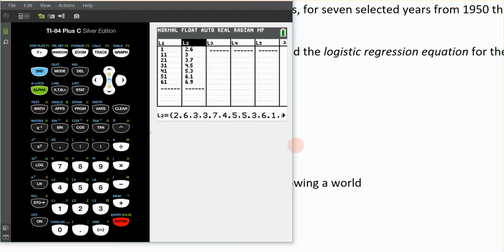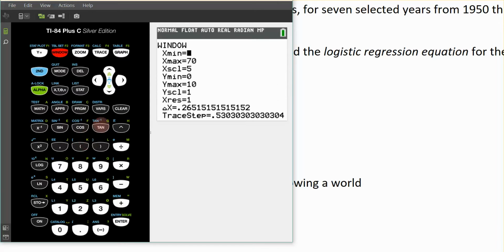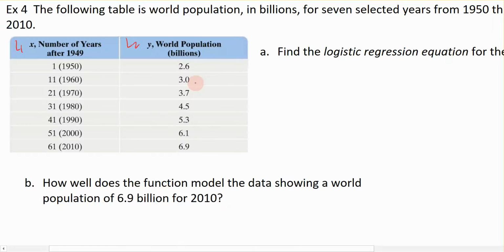The window that I'm going to choose is based on my x values that come from L1 and the y values that come from L2. It has an x min of 0, an x max of 70 with a scale of 5, and a y min of 0, a y max of 10 with a scale of 1. And I got my x's and my y's from the table that we had listed right here.